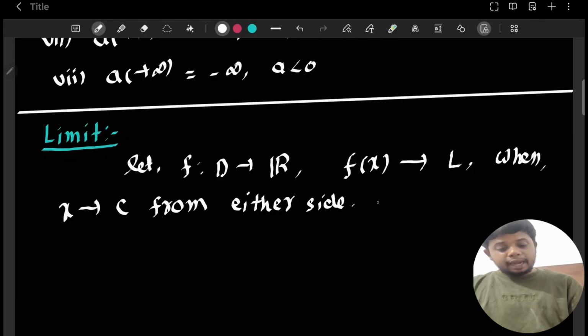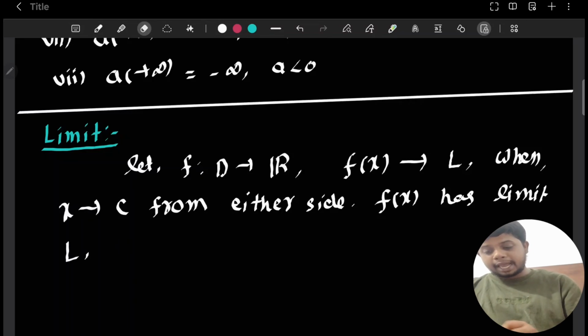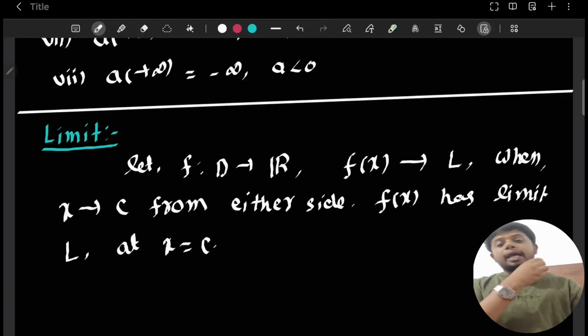In that case we'll say f(x) has limit L at x equal to C. You'll say, sir, not understood. I'll say, wait, you'll understand.